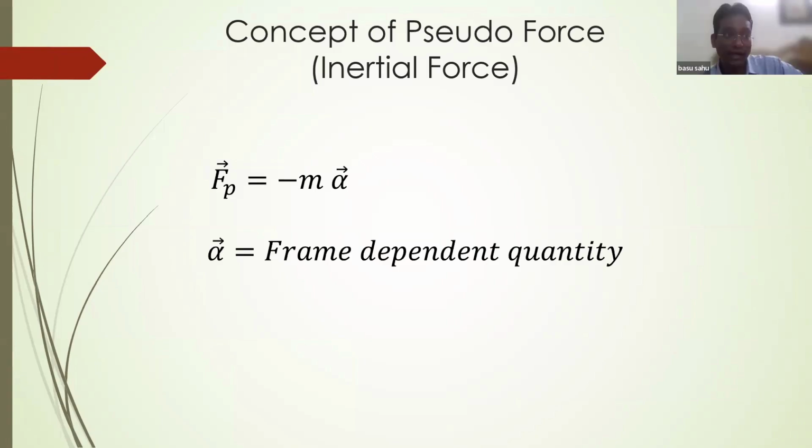By doing that adjustment, I am inherently assuming the non-inertial frame as an inertial frame. Then only I can apply it, and that's why I am applying some pseudo force. This is what you want to convey, right?